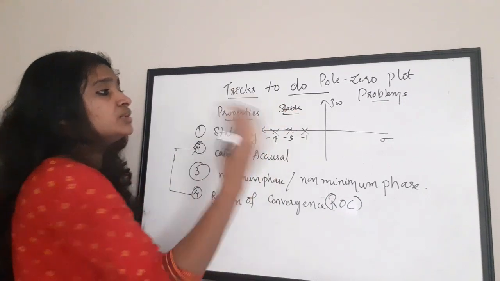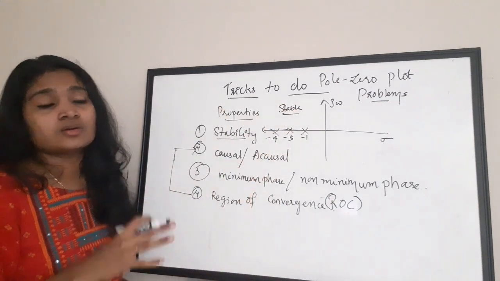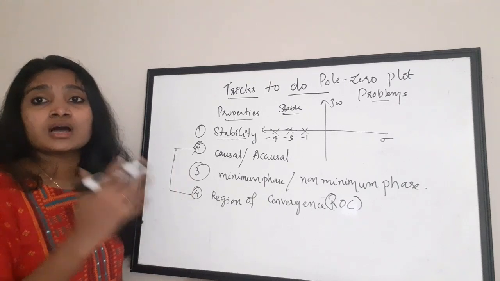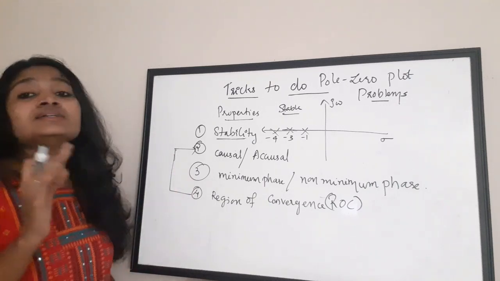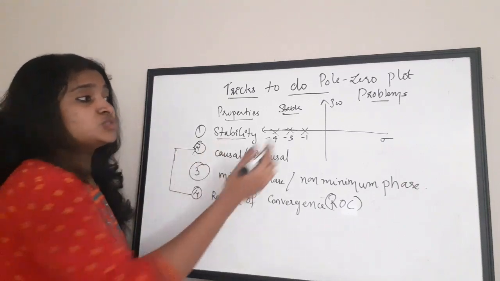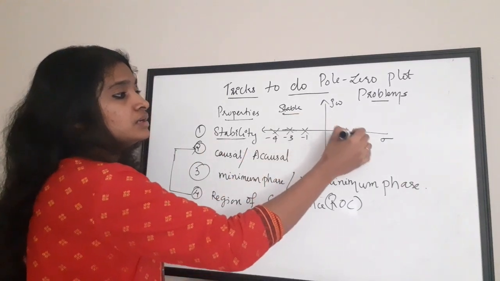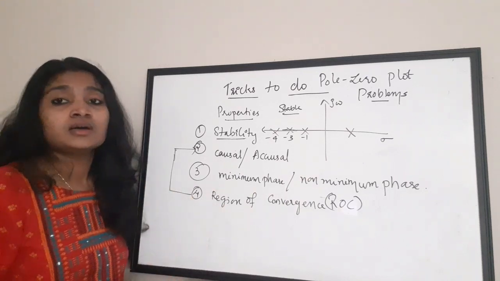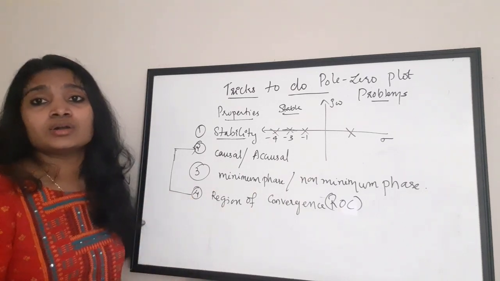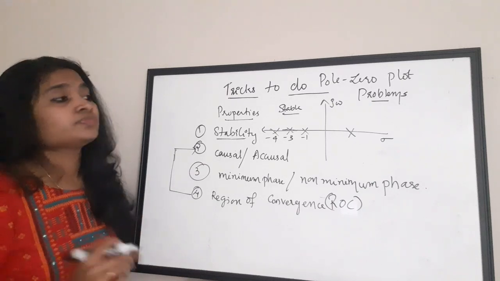That is, if all the poles are on the negative axis or negative side or in the left half of the pole zero plot, then the system is stable. And if at least one pole is on the right side or the right half of the plane or on the positive axis or the positive side, then it is called an unstable system.